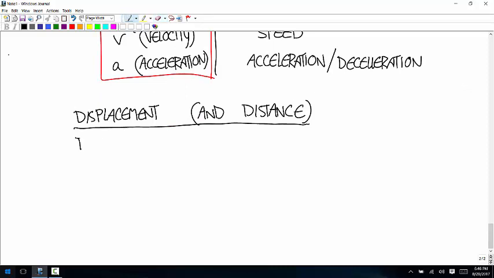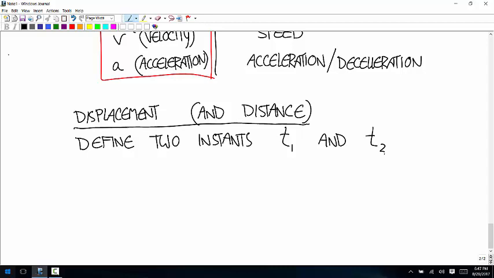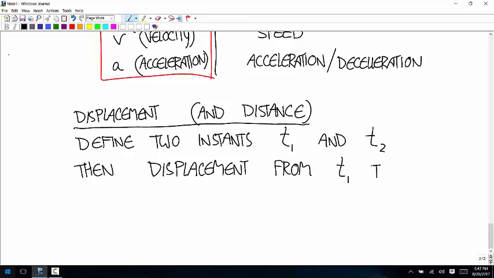So for displacement, if you define two instants, we'll call the first one time T1 and the second one time T2, then the displacement from T1 to T2 is equal to the position at the later time minus the position at the earlier time.